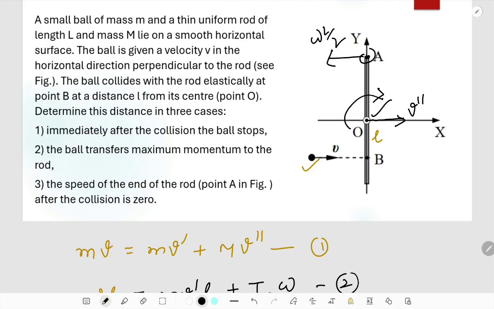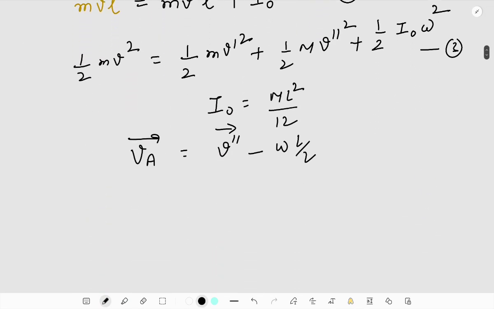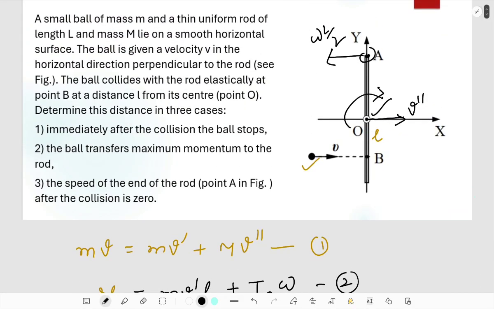So I wrote the equation of the velocity of point A, and you need to solve each one of them, and if you wish you can find those different quantities like v', v'' and omega, and also you can get v and put in the relevant information that is part of the problem, and you can get your results easily.